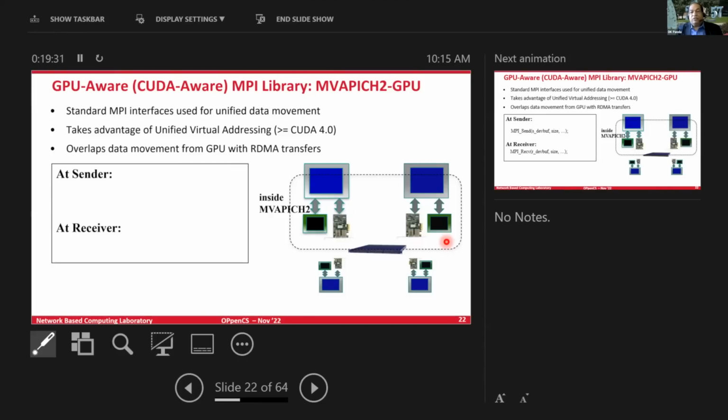This is where we worked in 2010-11. We worked with NVIDIA, and we also worked with Mellanox. NVIDIA introduced GPUDirect RDMA. That means if the GPU and the InfiniBand are on the same PCI slot, I can actually send data back and forth. It doesn't have to go to the memory.